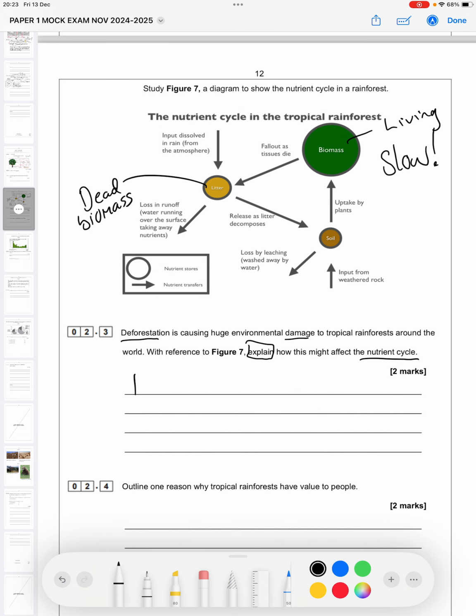Deforestation means that there will be a reduction in the biomass, and what your revision will tell you is that plants and trees are producers, but you know what, we'll broaden it out, we'll call it flora are producers. They create their own nutrients through photosynthesis, so with fewer producers, there will be fewer nutrients within the ecosystem, within that nutrient cycle.